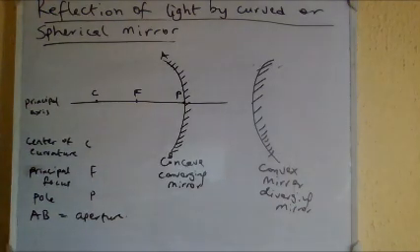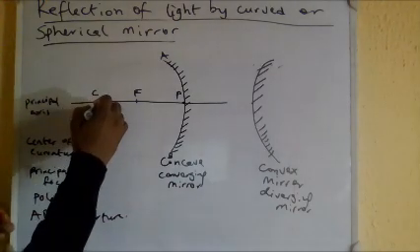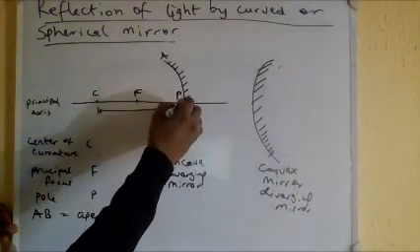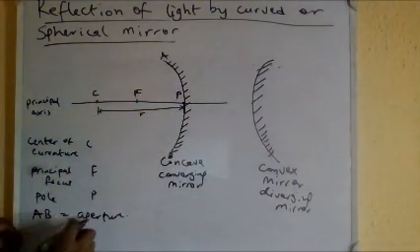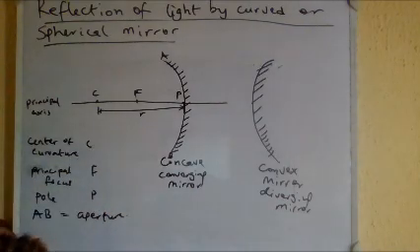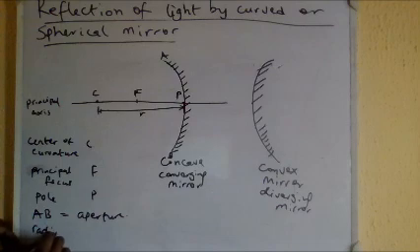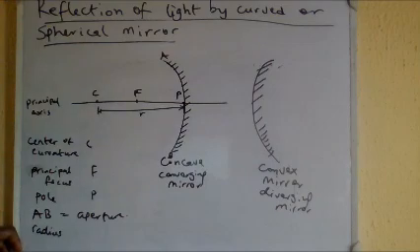Okay, so the distance between C and P, R, is called the radius of curvature.